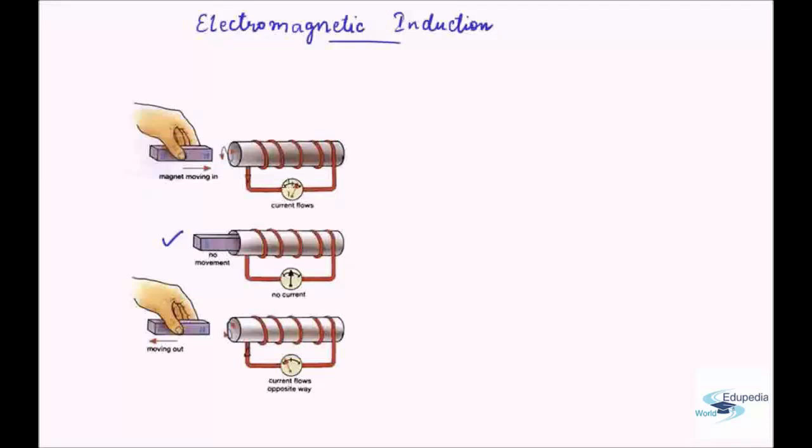Now, what was the explanation that Faraday gave for this? The explanation was quite simple. When you see a bar magnet, you have a magnetic field around it.